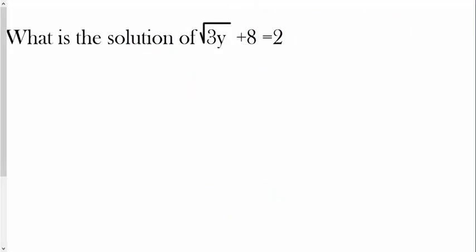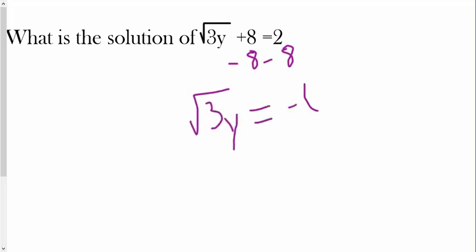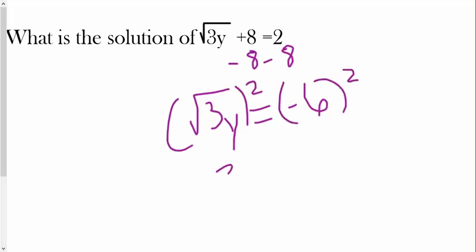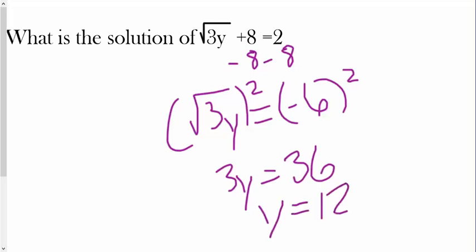So what is the solution of the square root of 3y plus 8 equaling 2? Well, my first step, of course, is to try to isolate that radical. So 3y equals negative 6. If I square both sides to get rid of that radical, I have 3y equals 36, or y equals 12.